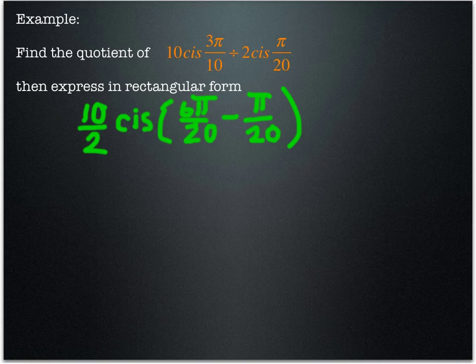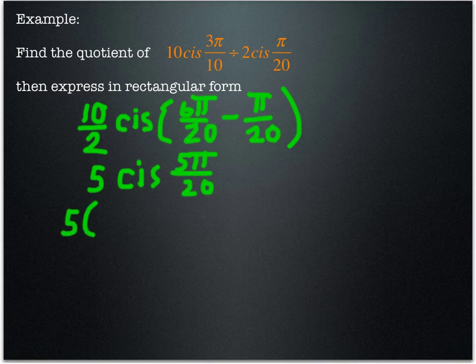I have to have common denominators here. So I end up with 5 cis, and when I subtract these I get 5 pi over 20. And 5 pi over 20, of course, is the same as pi over 4. So I'm going to write this out a little bit more nicely here.